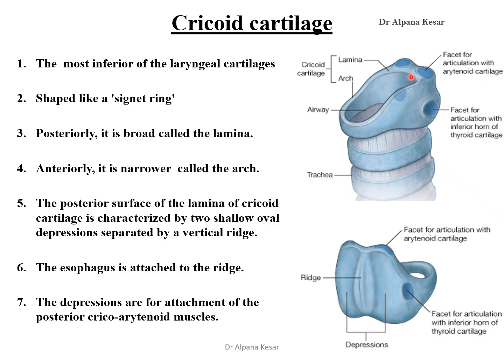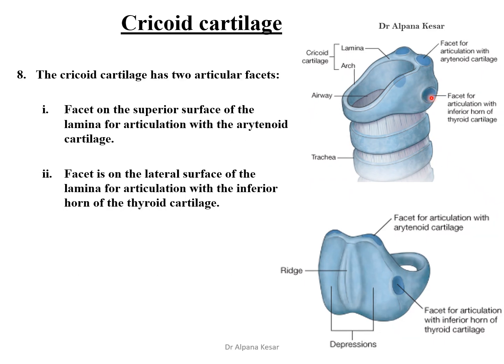It has a posterior broad lamina with a narrow anterior arch. The posterior surface of the lamina has two shallow oval depressions separated by a ridge. The ridge is for the attachment of esophagus, and the shallow depressions on either side of the ridge give attachment to the posterior cricoarytenoid muscle.